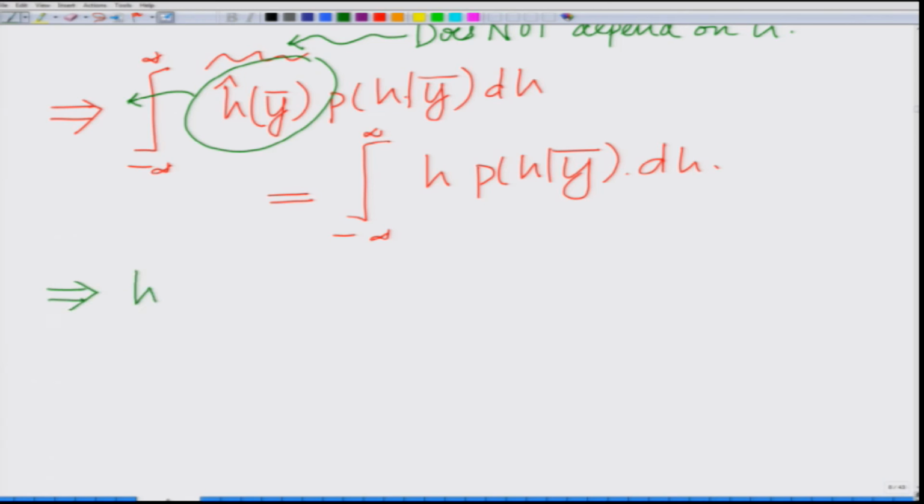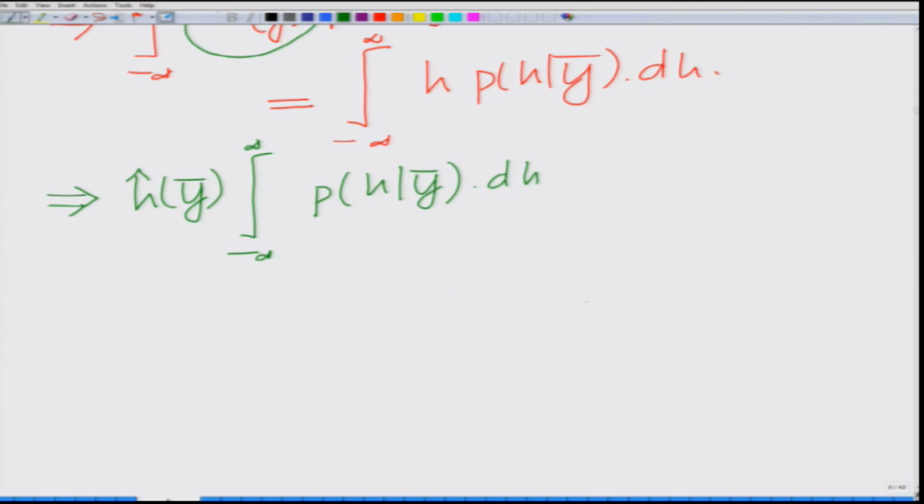So h hat of y bar times the integral from minus infinity to infinity of p of h given y bar d h should be equal to the integral from minus infinity to infinity of h p of h given y bar d h.